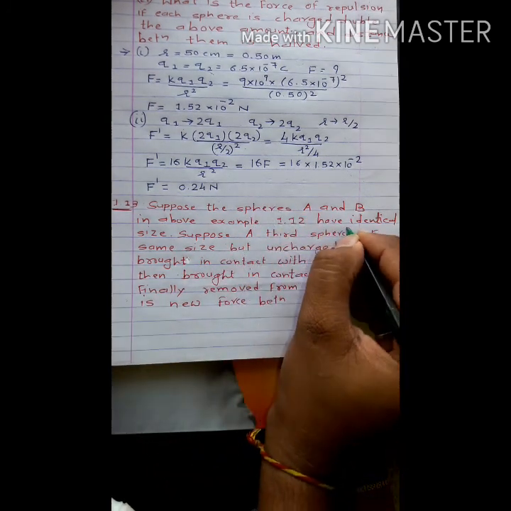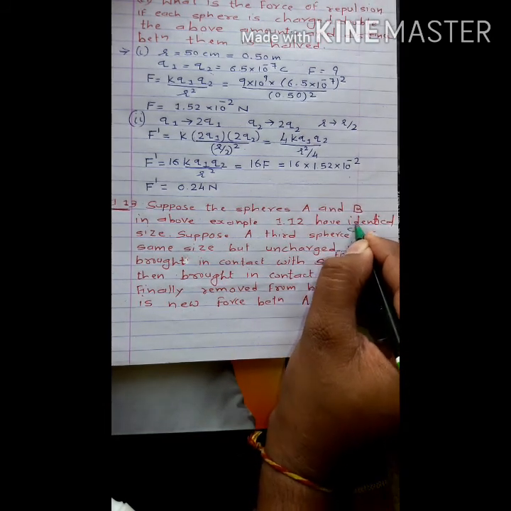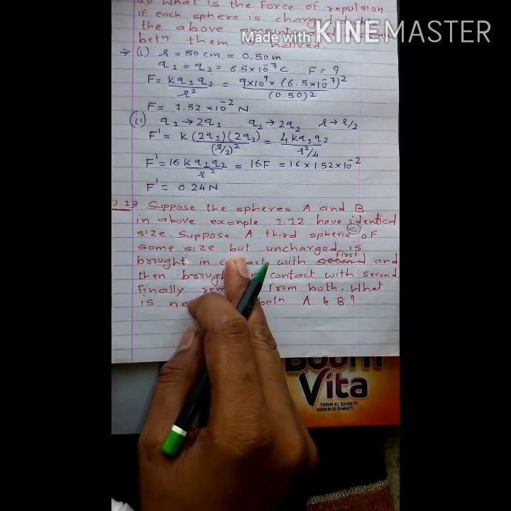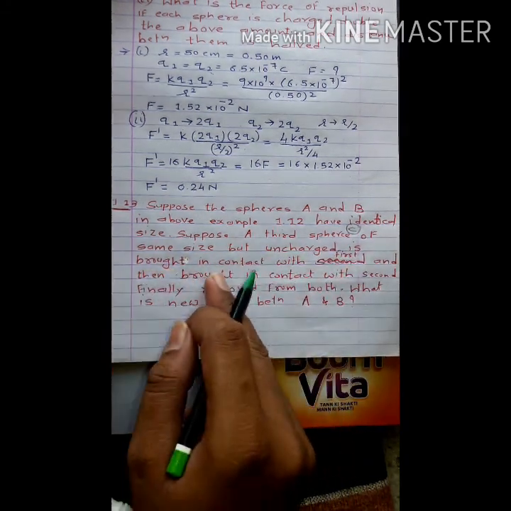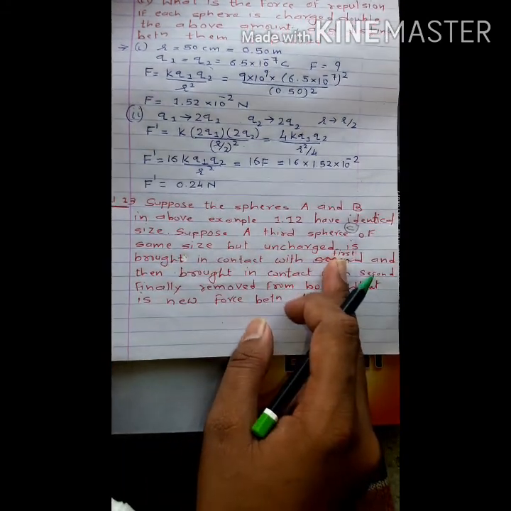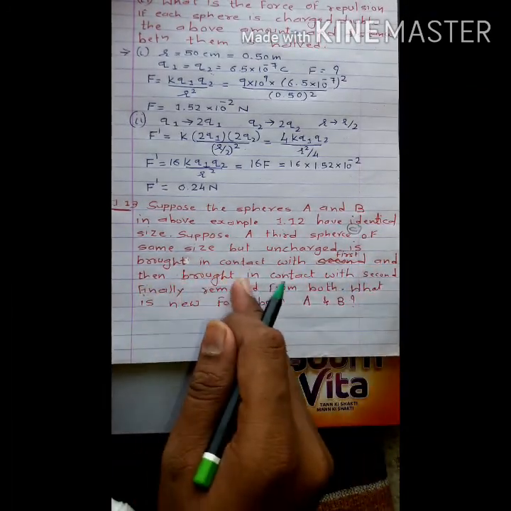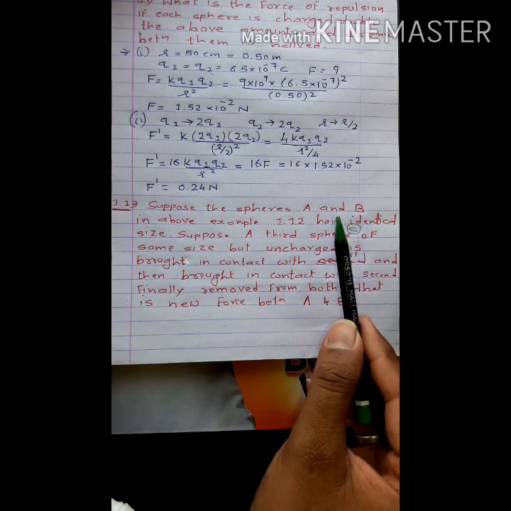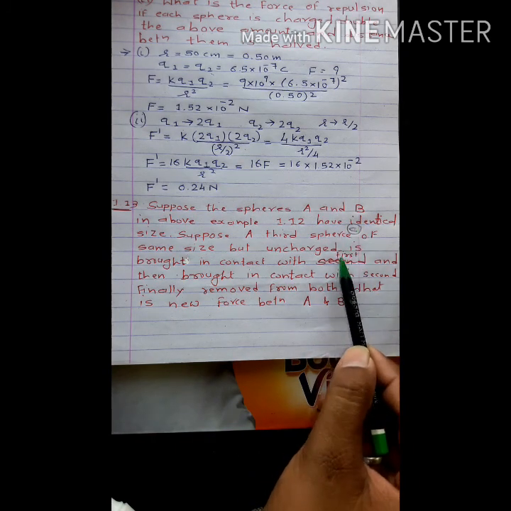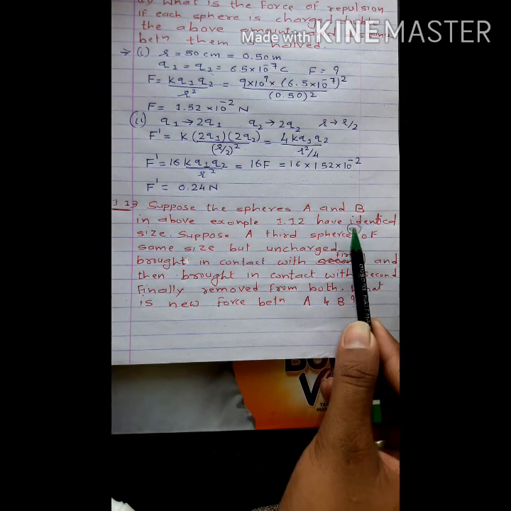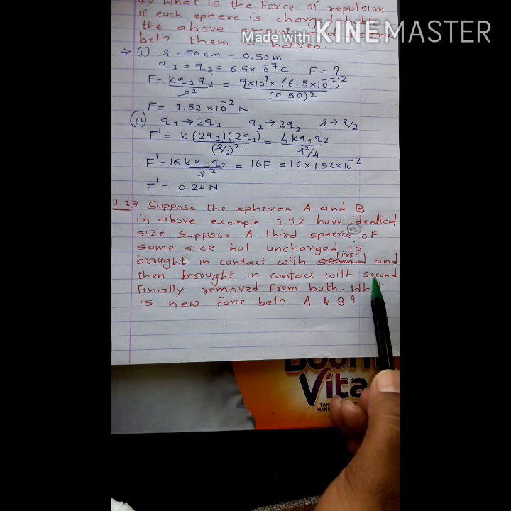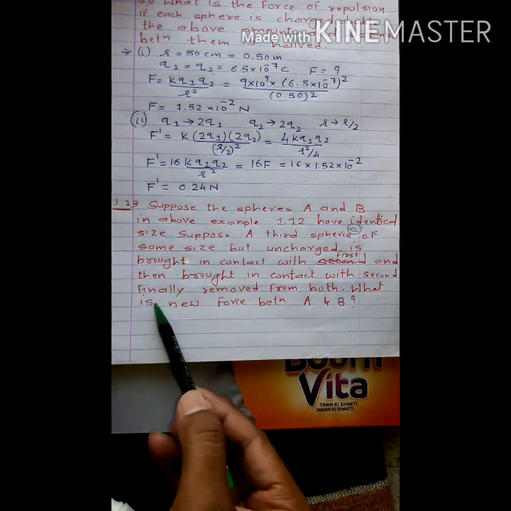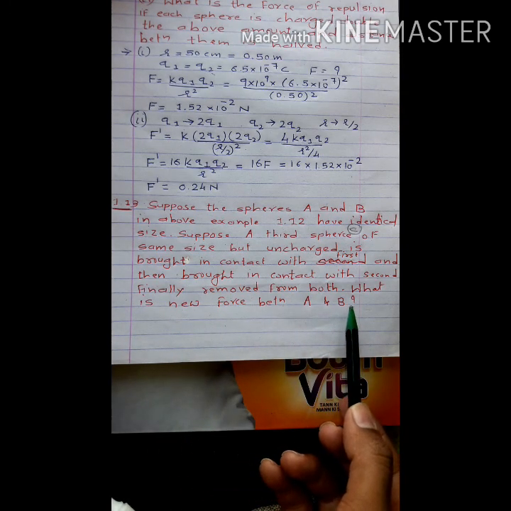Here we consider the third sphere, suppose C. The third sphere C of the same size but uncharged is brought in contact with the first sphere and then brought in contact with the second sphere. So here we consider contact of sphere C with the first sphere A and then contact of sphere C with the second sphere B, and finally remove it from both. What is the new force between A and B now?